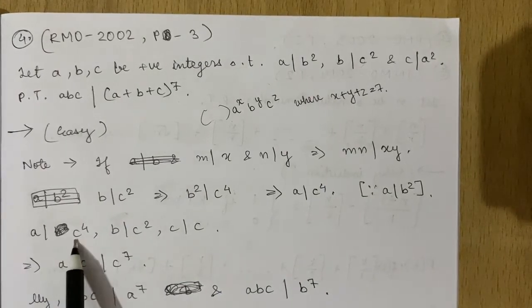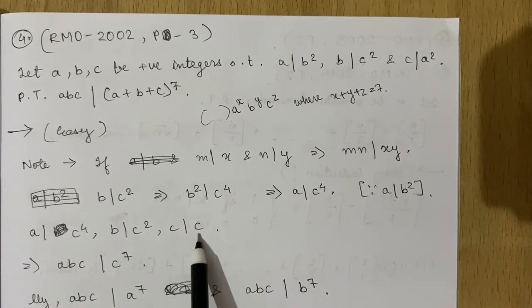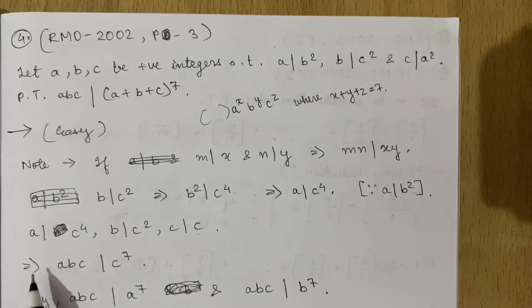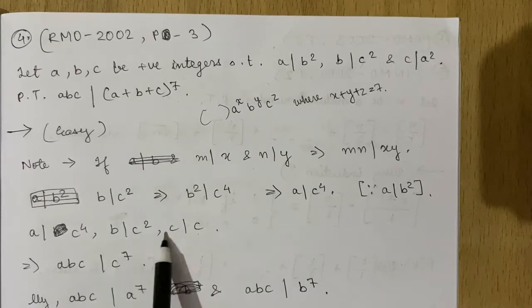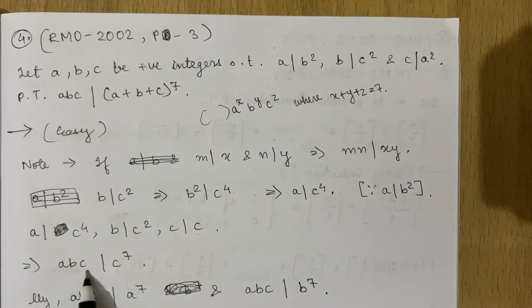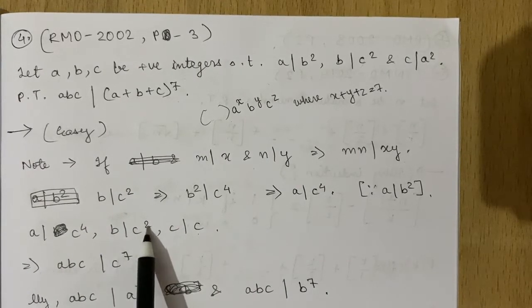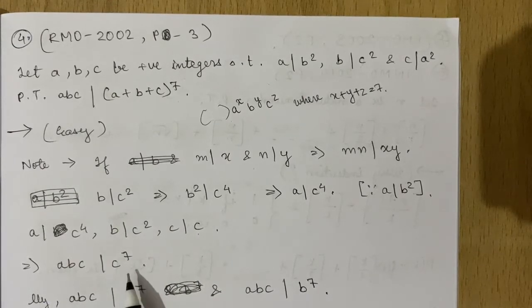So a divides c^4, b divides c^2, and c divides c, and again we use the same property and multiply all of these. So abc divides c^4 times c^2 times c, which is c^7. So abc divides c^7.